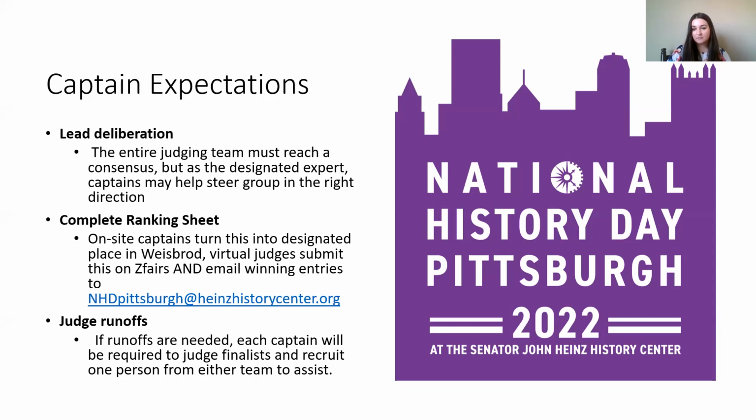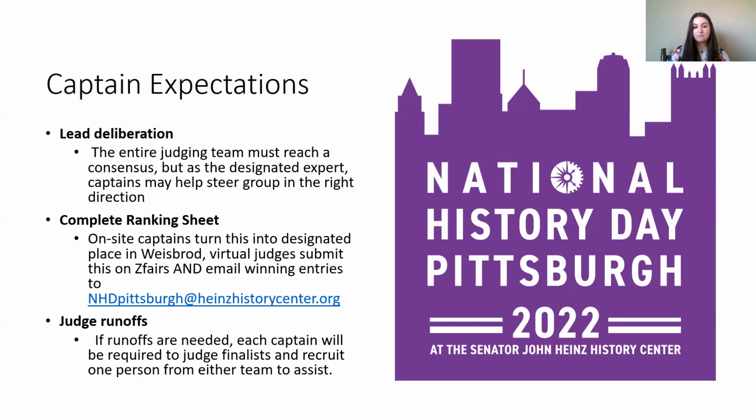And finally, judge runoffs. Like I mentioned before, if we have a category like junior individual website that has, say, 20 entries, Team 1 will be looking at 10 entries, Team 2 will be looking at the second 10 entries. Each team will put forward their top 3 winners, and then those 6 final projects will be in our finalist or runoff round.